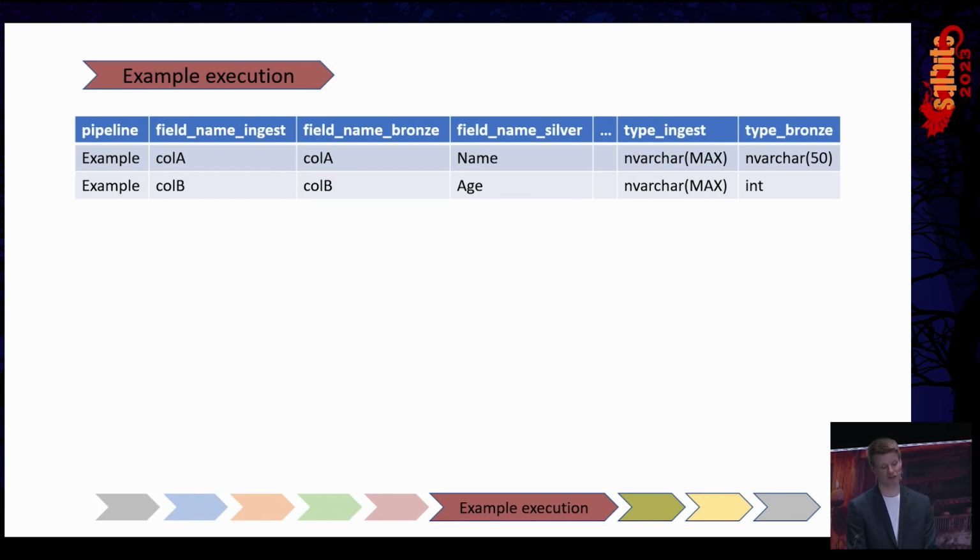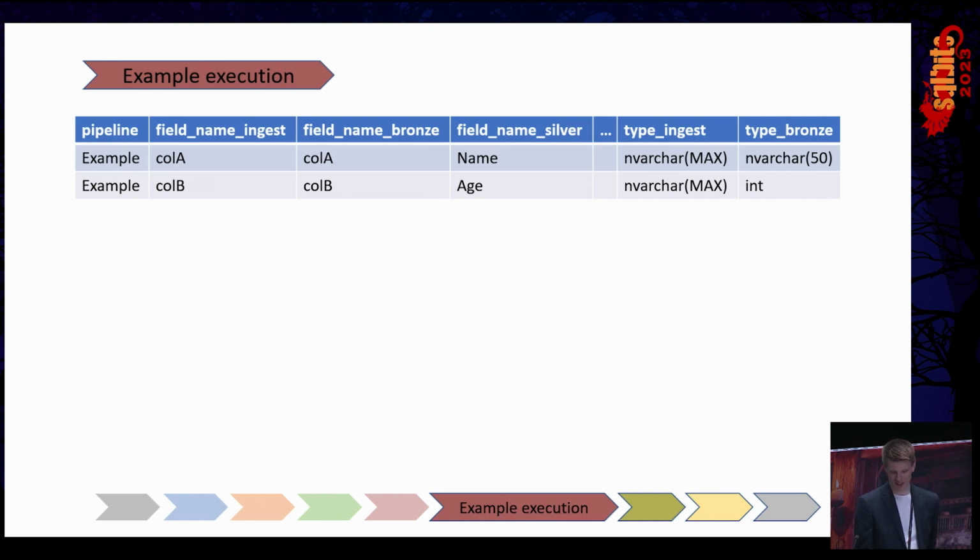So you can see here we have the field name in ingest, we have the field name in bronze, and in silver. And how you change this, where you change these names and do all of this logic, that is entirely up to you. But I've chosen to rename my fields here going to silver. And you have the types as well for each of the different layers.